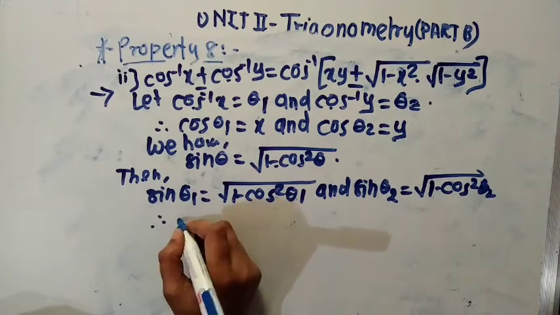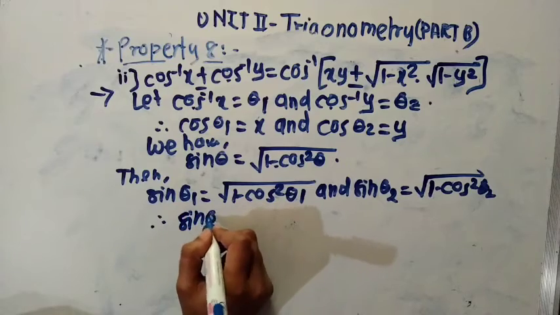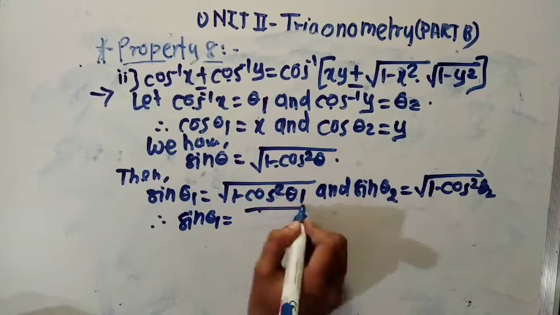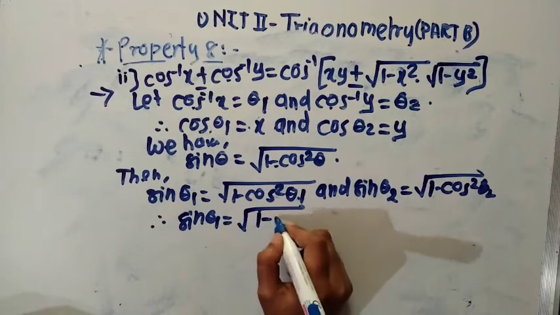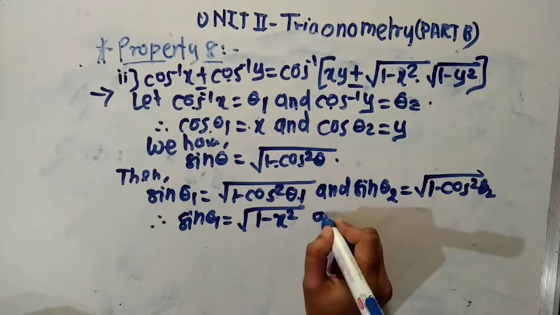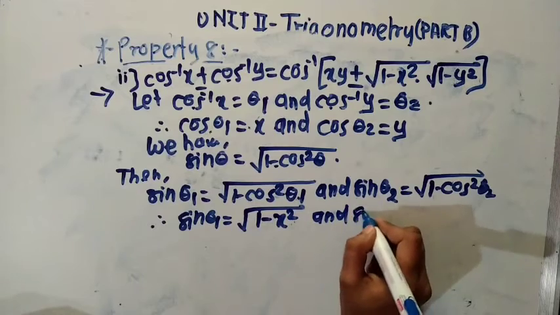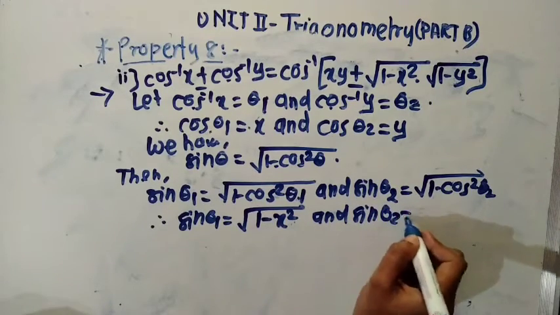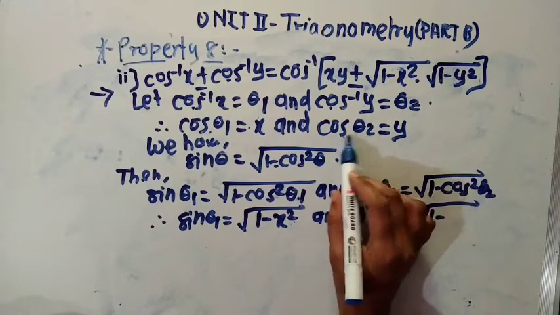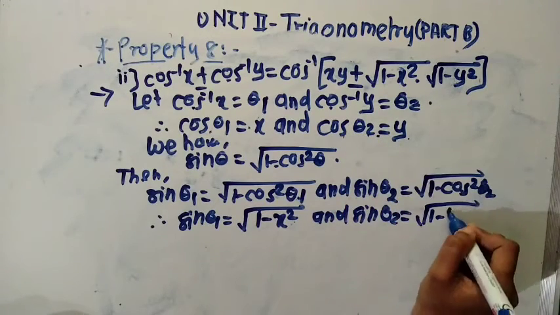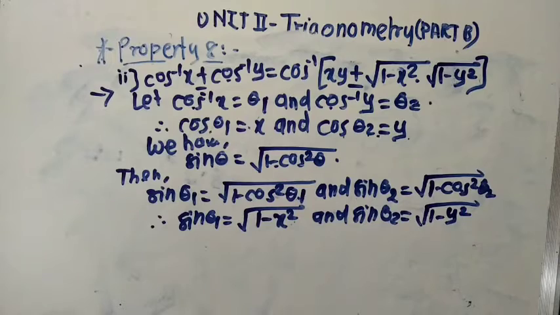Hence, sin theta 1 is equal to root, but cos theta 1 is x, so 1 minus x square, and sin theta 2 is equal to root, cos theta 2 is y, so 1 minus y square.